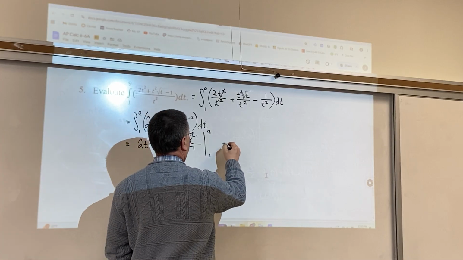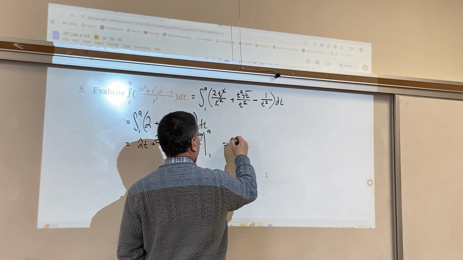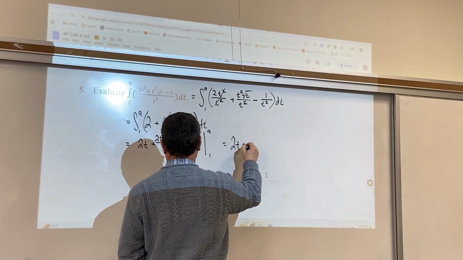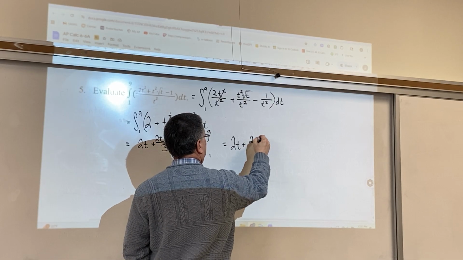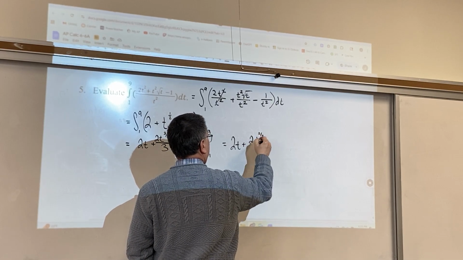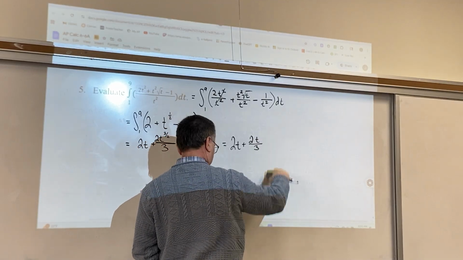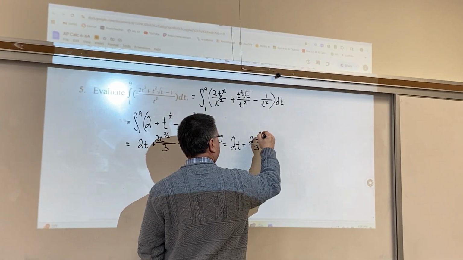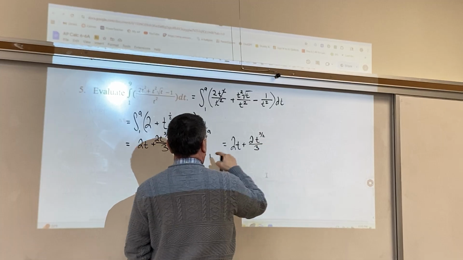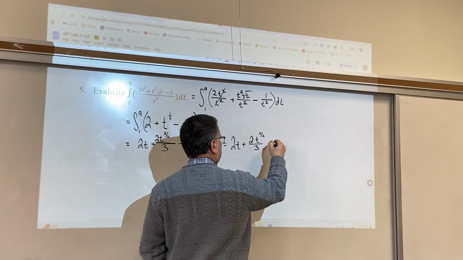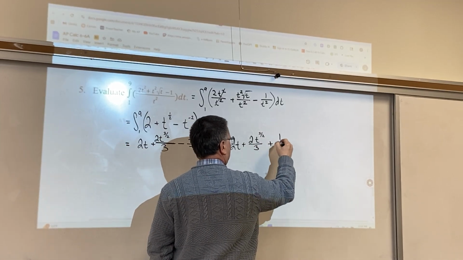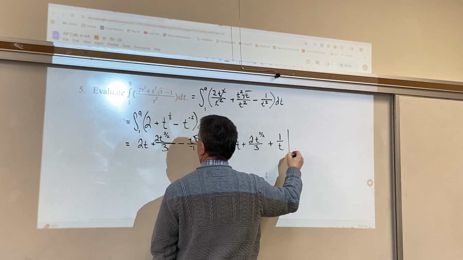And if you want to, we can clean that one up. That's gonna be 2t plus 2t to the 3/2 over 3, minus minus plus 1 over t, taken from 1 to 9.